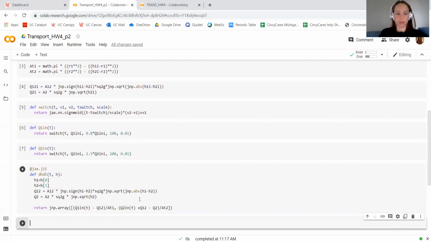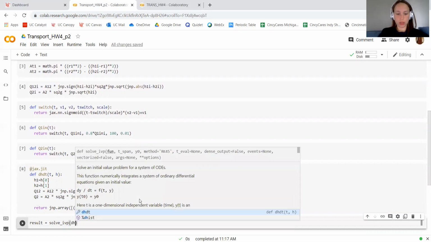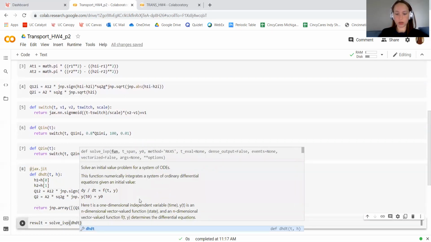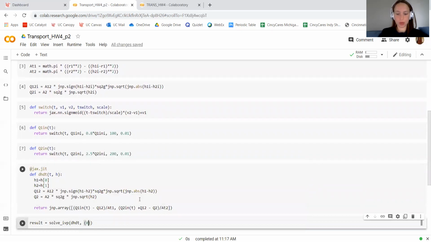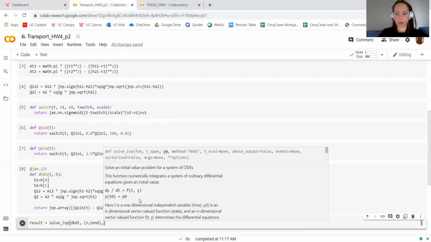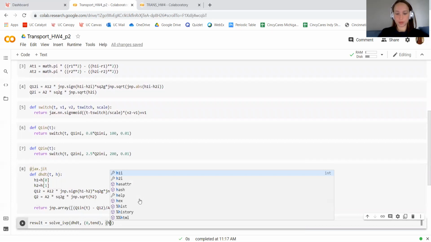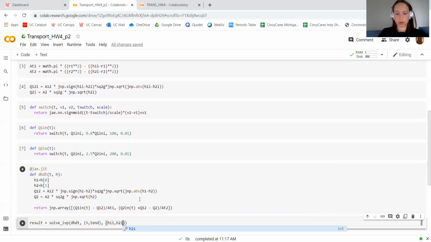So solve initial value problem, dHdt, just what we just put in, from 0 to 200 seconds, which again was our T end value, with our two initial heights.